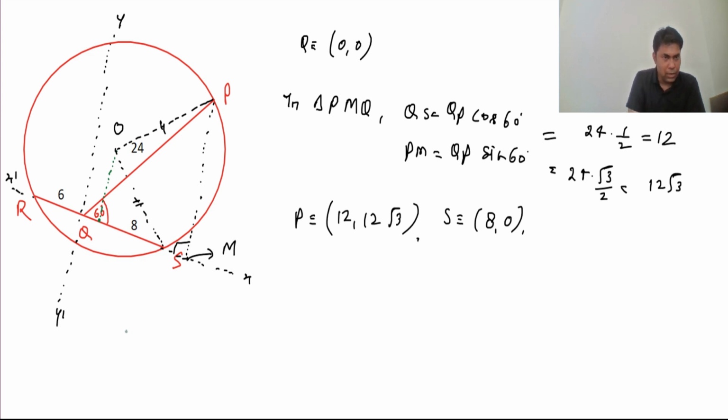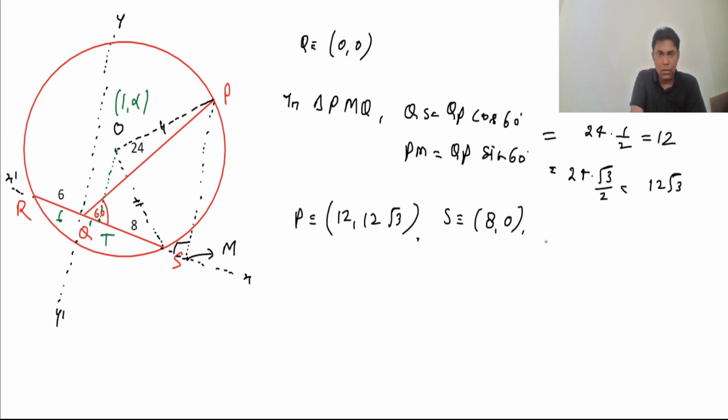If we call the foot of this perpendicular T, then OT divides RS into two equal halves, and the midpoint of RS will be T. The length of RS is 6 plus 8, that is 14 units, the length of RT will be 7 units, and RQ is 6 units, that means QT will be 1 unit. So the coordinates of O will be 1, and let's assume its ordinate as alpha.